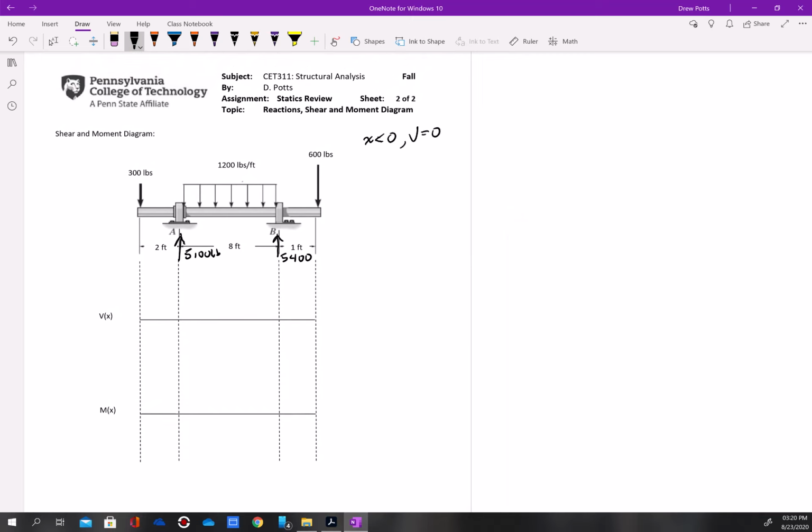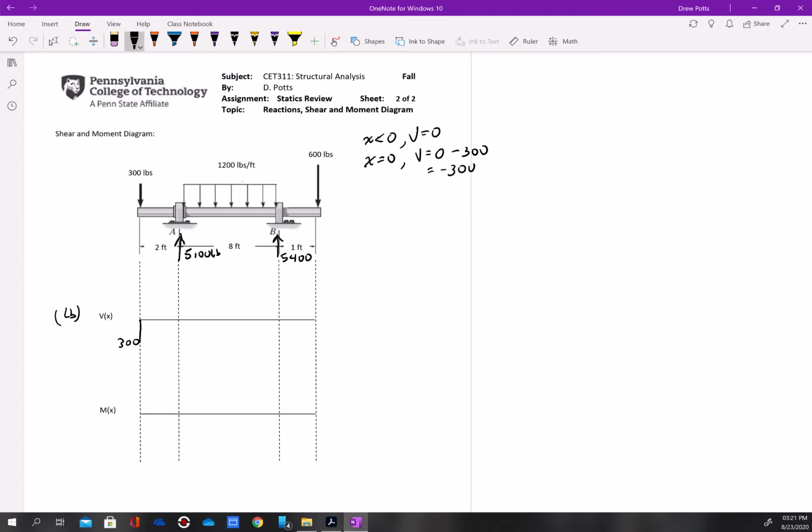Shear is non-existent or 0. At x equals 0, we have shear equals 0 minus 300 because it's going down, so a negative 300. So instantly we come down 300 pounds. Again, our units are pounds for shear.